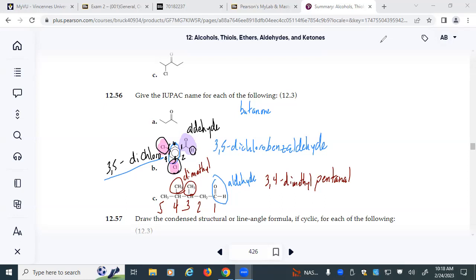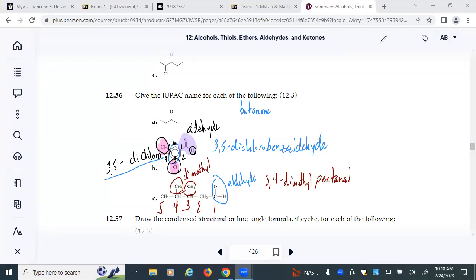So if I have just a normal chain of carbons, no double bonds in it, then I can just change the ending to -al. I don't have to add aldehyde. And this isn't one of the ones that would have a common name that we would be required to know, so we can't fall back on that.